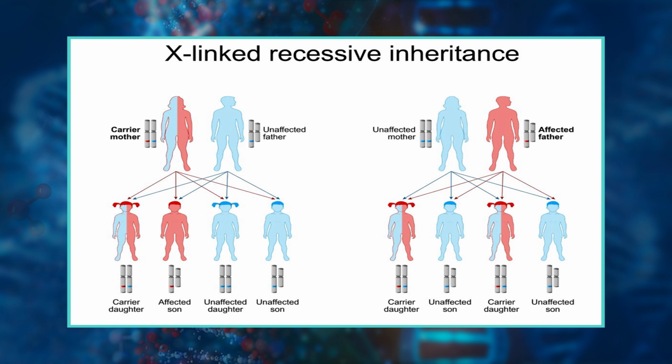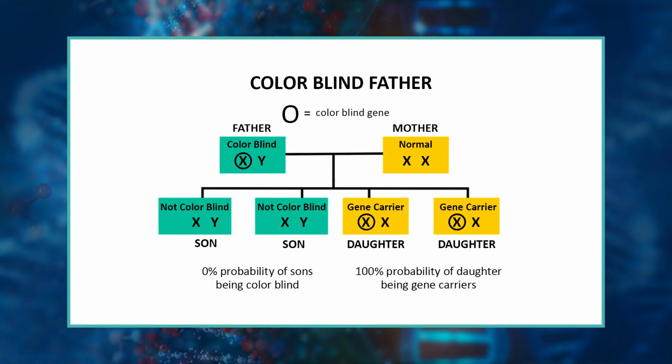The daughter will be affected by the disease only if she inherits an X-linked recessive gene from both the parents. As you can imagine, X-linked recessive disorders affect many more males than females. For example, color blindness affects about 1 in 20 males, but only about 1 in 400 females.